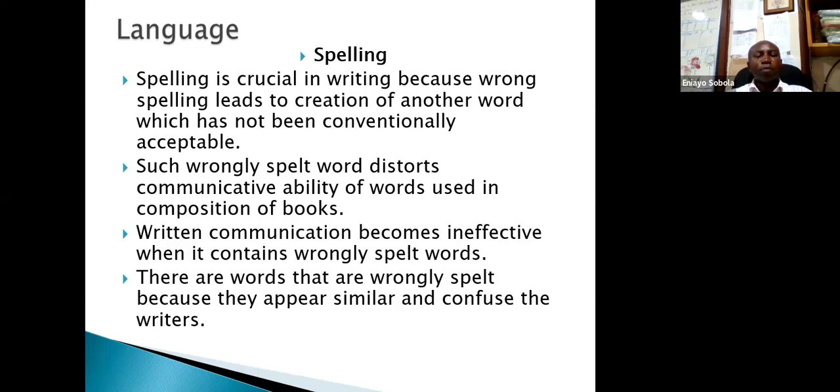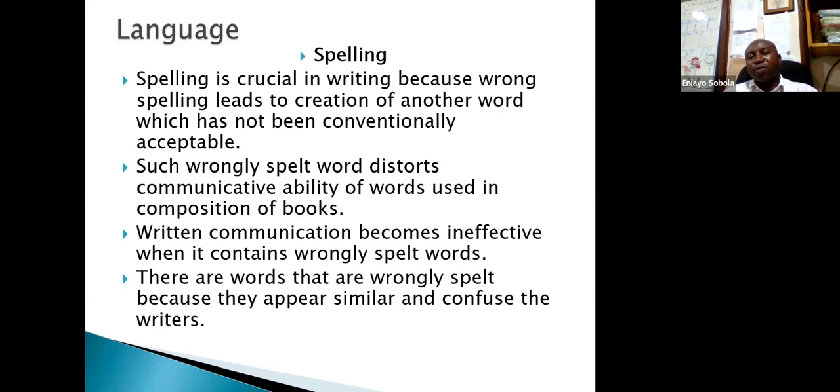So the last one is spelling. Spelling is a major issue in writing. Very serious issue. It's a major issue in writing because wrong spelling leads to creation of another word which has not been conventionally accepted. You are creating your own new word which is not conventionally acceptable.